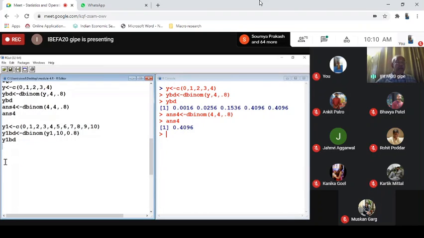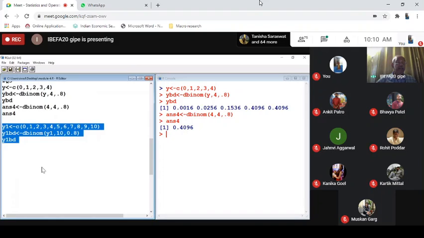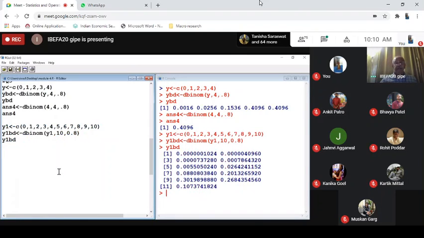Look, 11 probabilities you will get. The very first probability will be 3 inclusive 7.